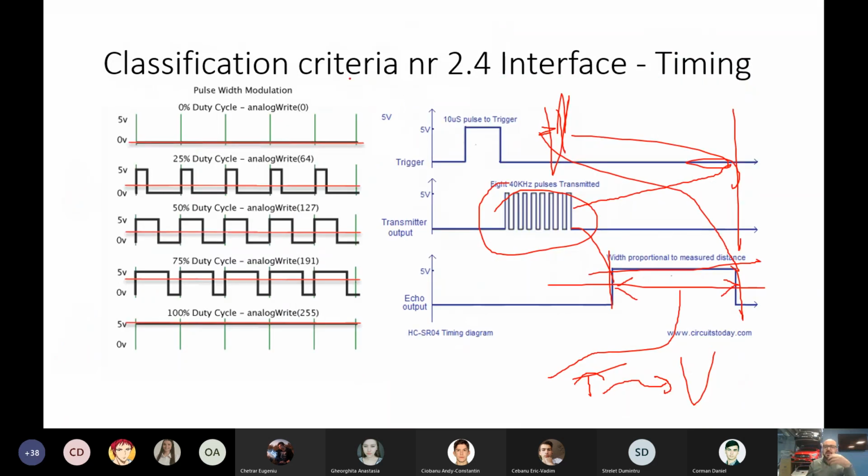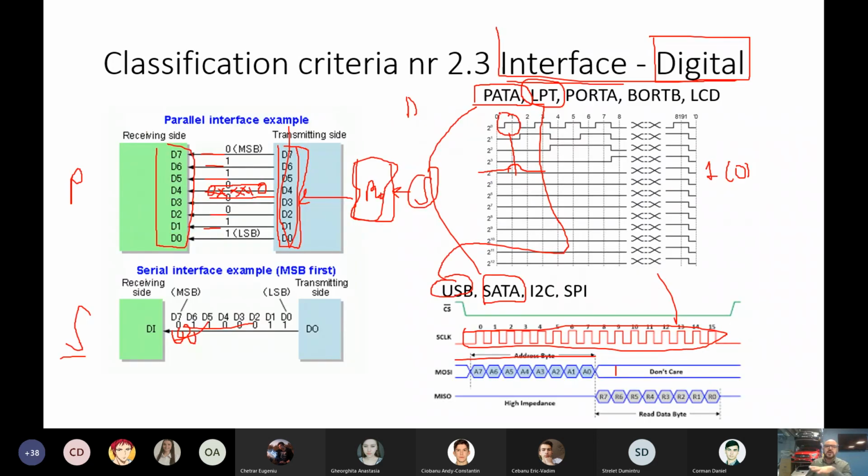We can even have timing, when we are sending the value not in the amplitude as an analog signal, but in time. This is the general classification of the information. Of course, there are many different types of interfaces. Even in digital interfaces, we can have thousands of protocols or hardware protocols, but we will discuss them in the communication chapter.